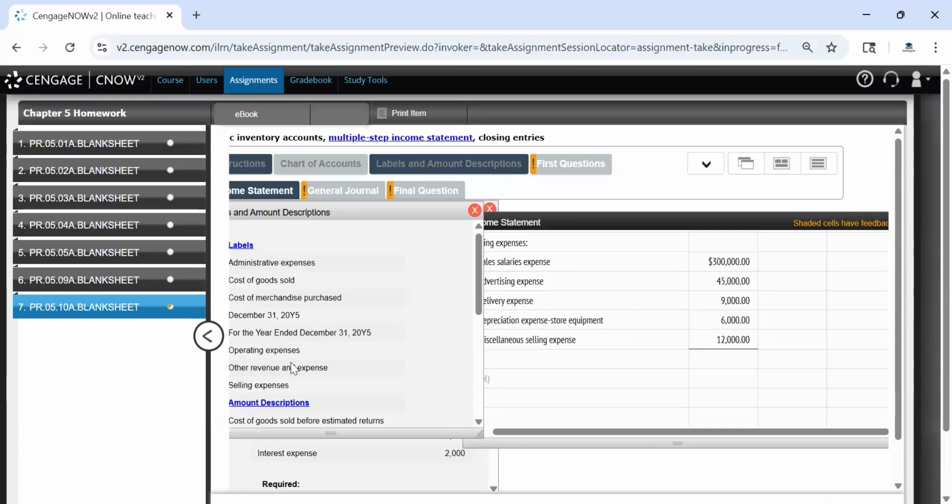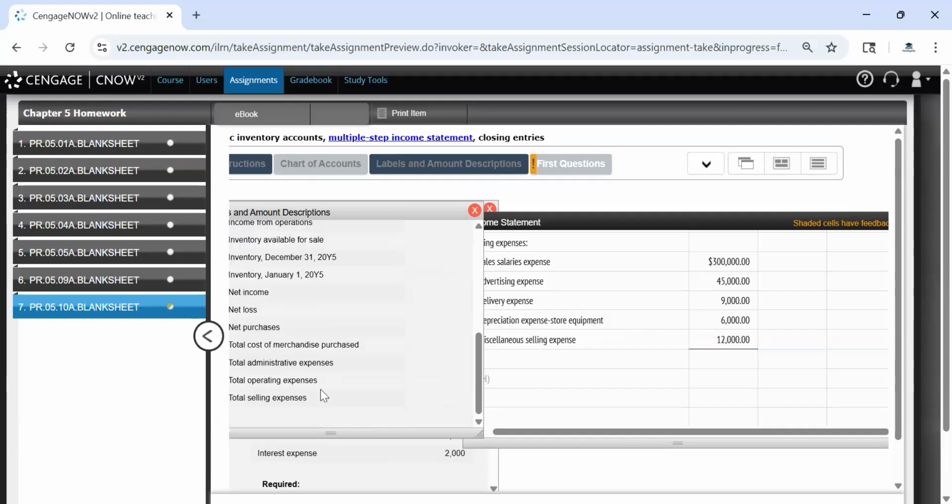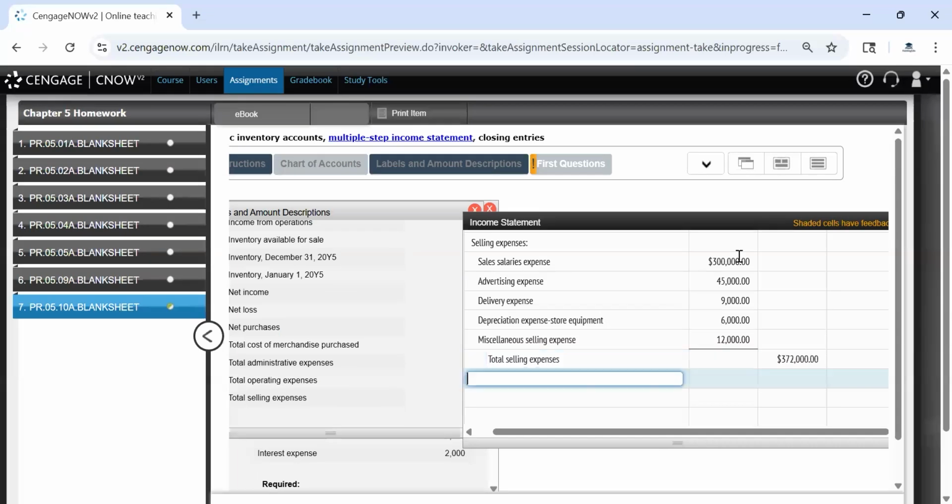So we need to add up our total selling expenses, and they come to a total of $372,000.